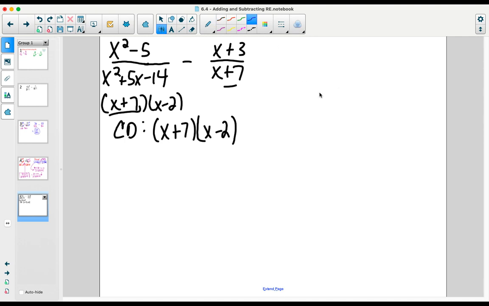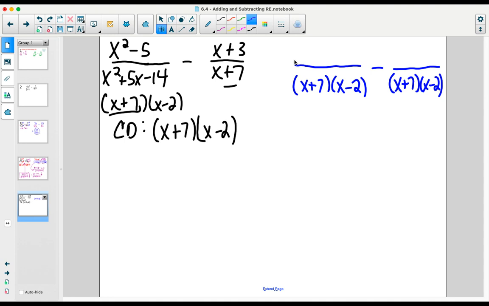We're going to change both of our fractions so that they have this new denominator of x plus 7 and x minus 2. Because the common denominator matches the denominator of the first rational expression, the numerator will just stay the same. We don't change that first fraction at all. The second fraction will need multiplied by x minus 2 in both the numerator and the denominator.